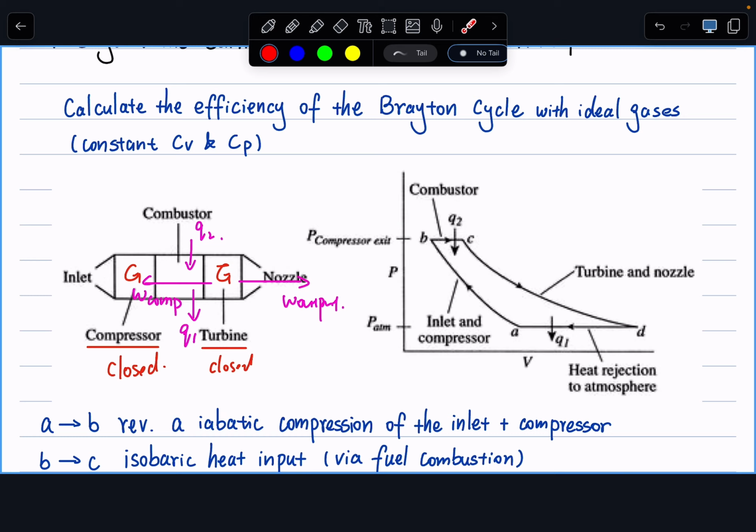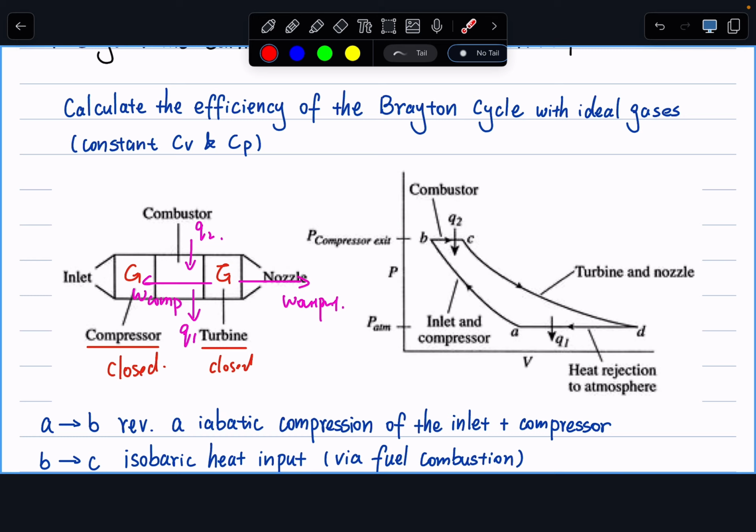So for this process, as stated in the PV diagram, it is an isobaric process. So for an isobaric process, what do we know? We have QP equals delta H. Right, so we did this. So for the process between my Q2, which is the process between B to C, we're trying to calculate the delta H for my ideal gas going from B to C. And for ideal gases, we know something else.